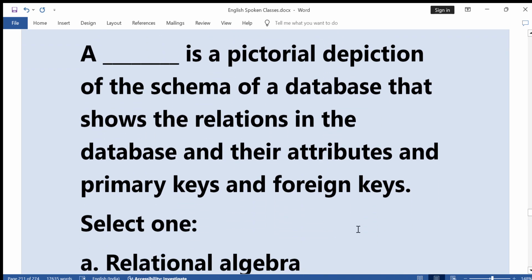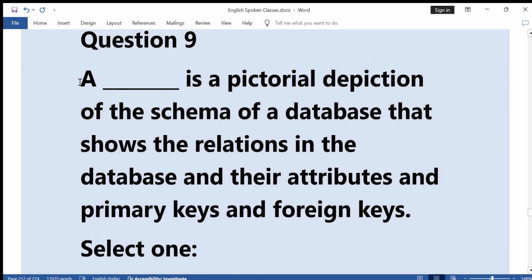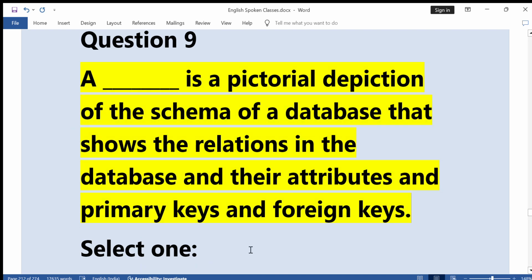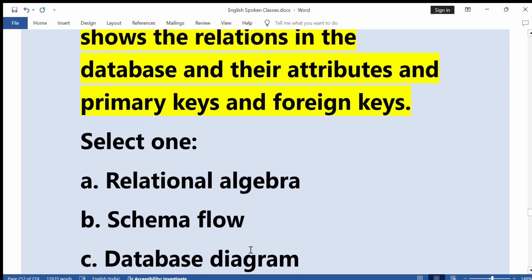Question number 9 is: a dash is a partial depiction of the schema of a database that shows the relations in the database and their attributes and the primary keys and foreign keys. Select one. Option A, relational algebra. Option B, schema flow.